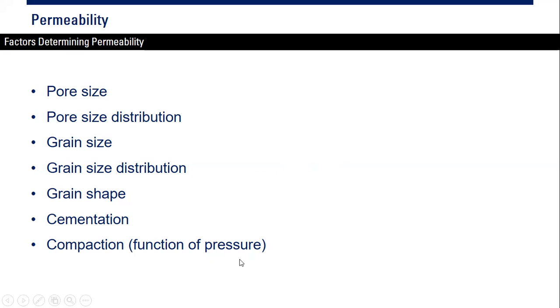Many factors determining porosity also determine permeability. You can go back to the porosity chapter and see how pore size, pore size distribution, and grain size influence the porosity. In more or less the same way, these factors also determine the permeability.